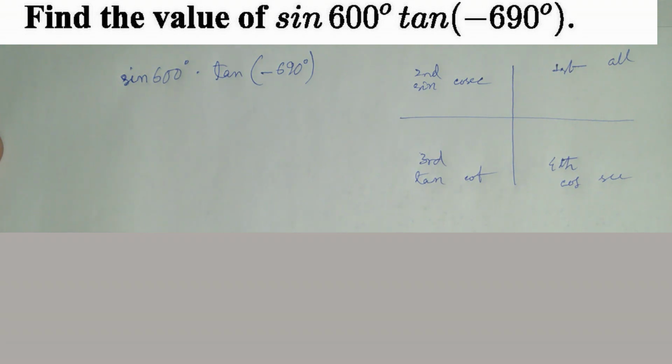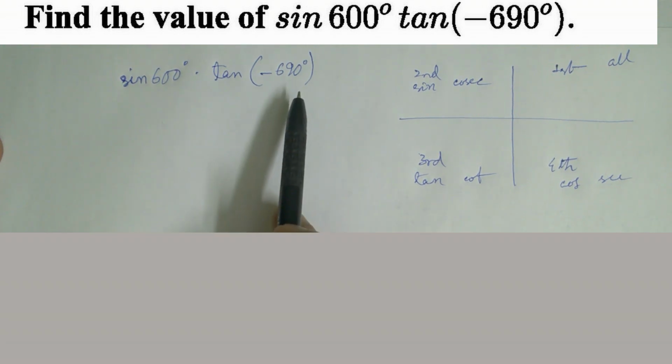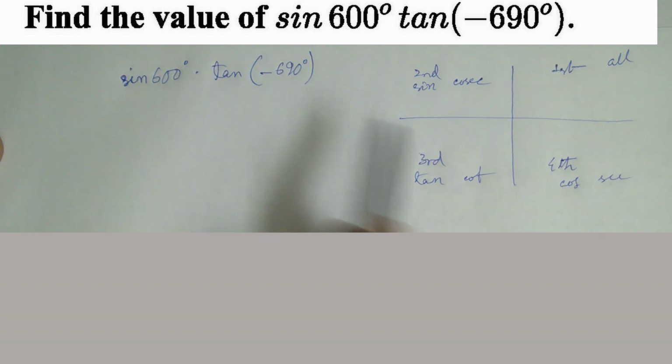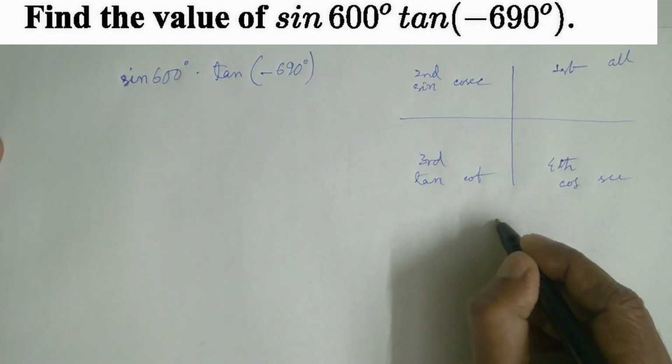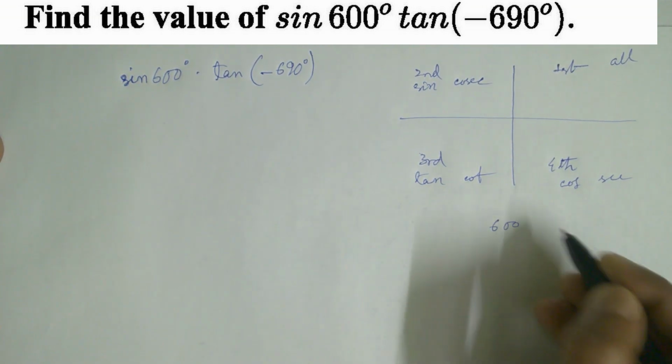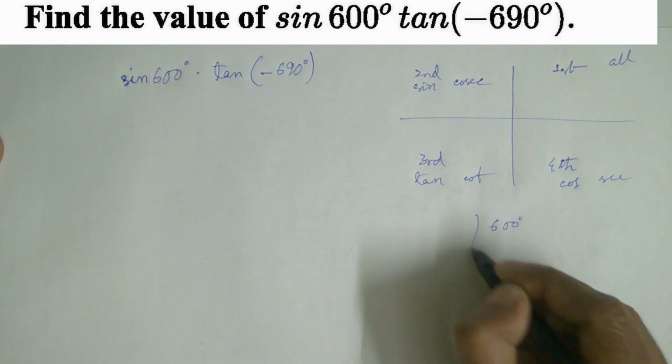To check in which quadrant 600 or 690 falls, we will divide by either 90 or 180, whichever is easy for us. Now divide 600 degree by 90.